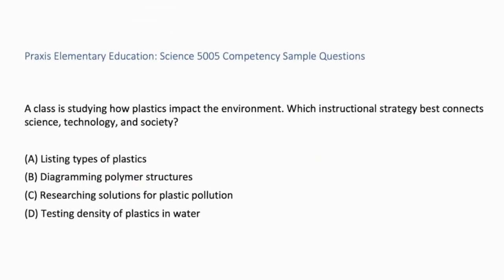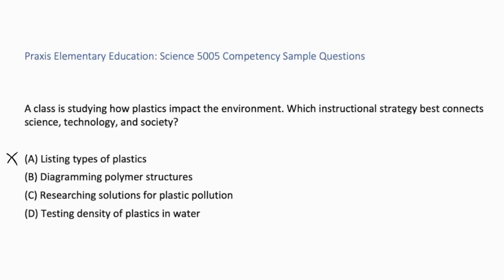A class is studying how plastics impact the environment. Which instructional strategy best connects science, technology, and society? A. Listing types of plastics. B. Diagramming polymer structures. C. Researching solutions for plastic pollution. Or D. Testing density of plastics in water.